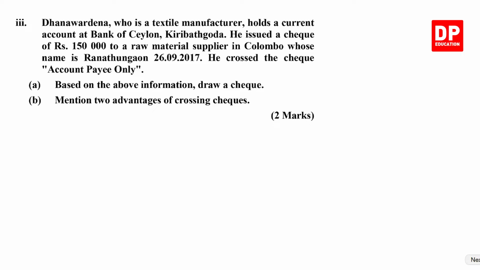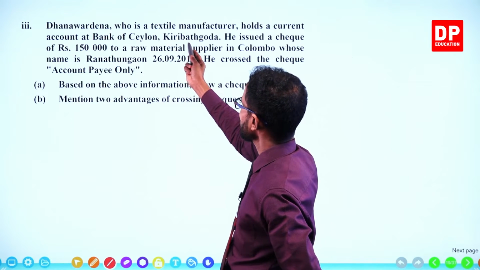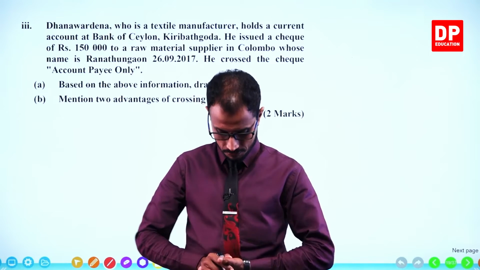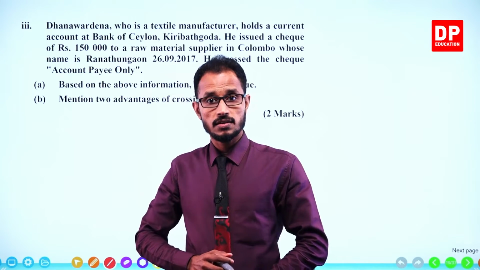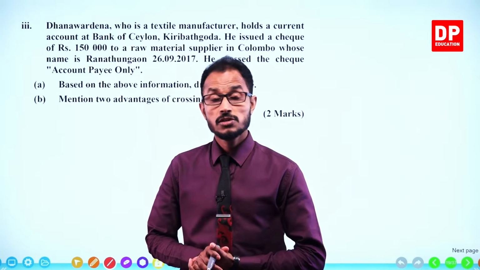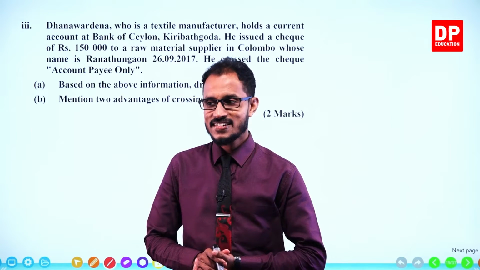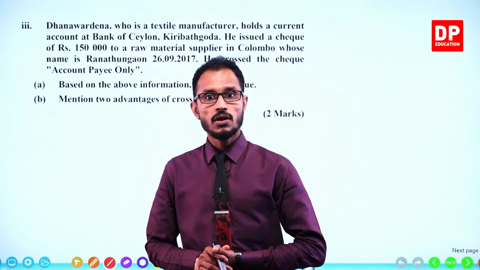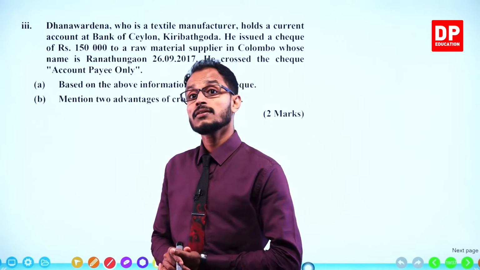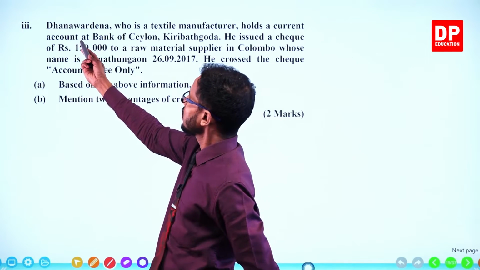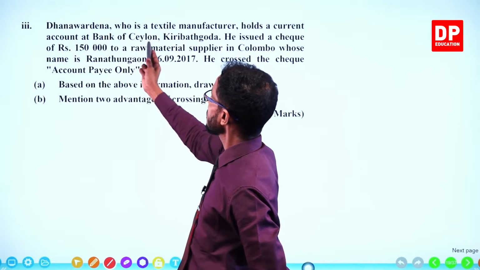Dhanawardhana, who is a textile manufacturer, holds a current account at Bank of Ceylon, Kiribati. This is Mr. Dhanawardhana. He must be a wealthy, Dhanavat person. This guy is having a current account in Bank of Ceylon, BOC, Kiribati.